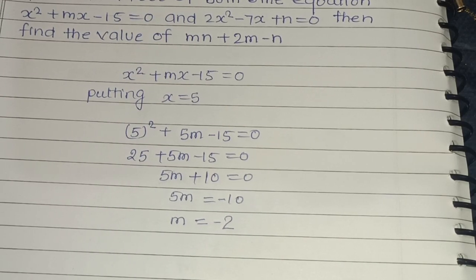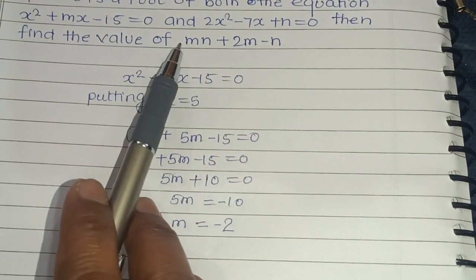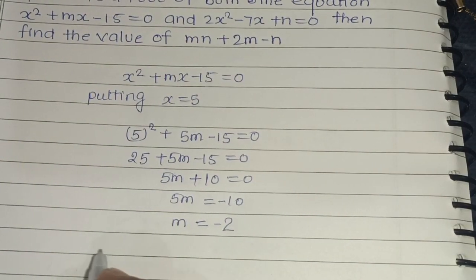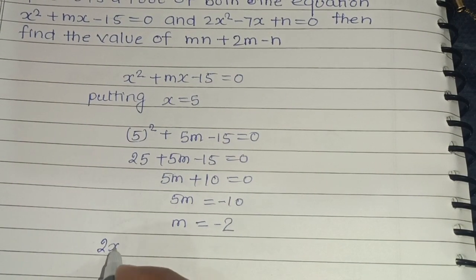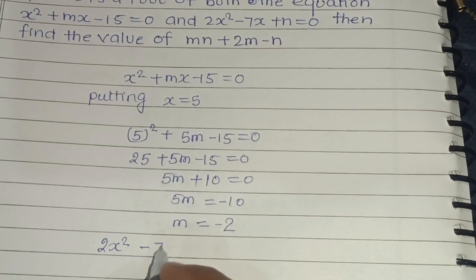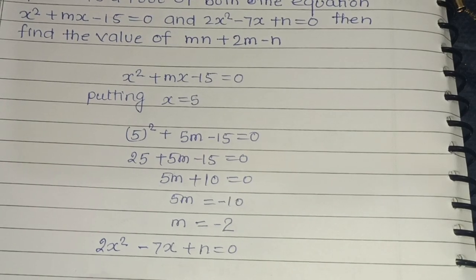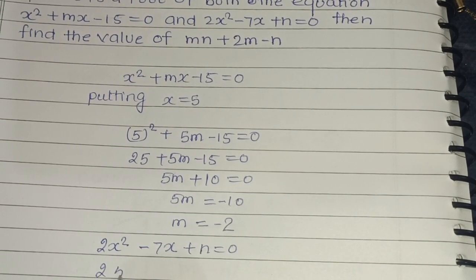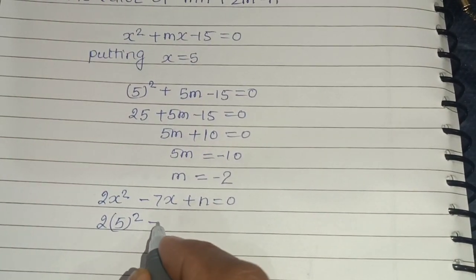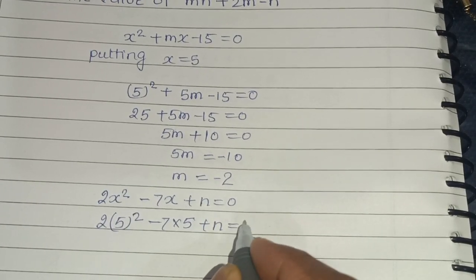Now put the value of x equal to 5 in this equation. First of all, we will write 2x squared minus 7x plus n is equal to 0. So x is 5: 2 into 5 squared minus 7 into 5 plus n is equal to 0.